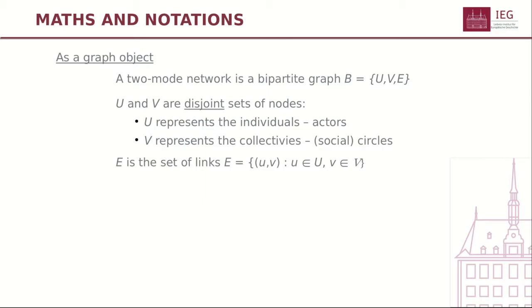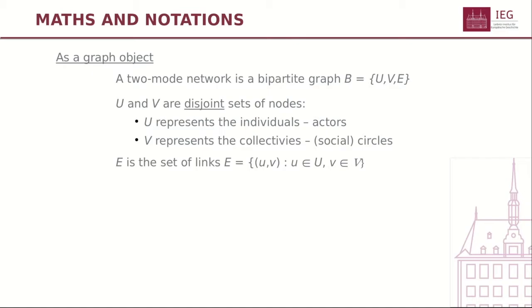U is the set of nodes that represent actors, individual people, while V is the set of nodes that represent circles or collectivities that we saw. And E is the set that represents the links or edges. That's why we use E here for edges.